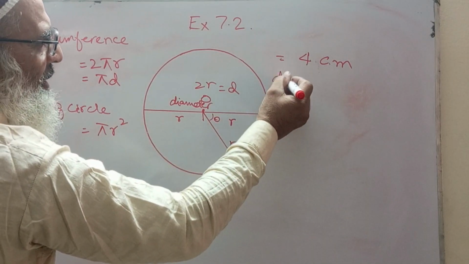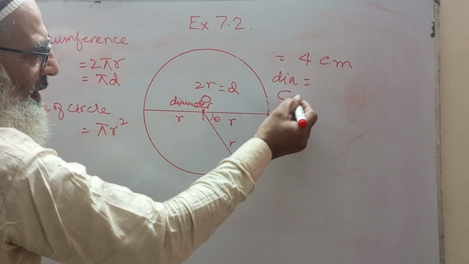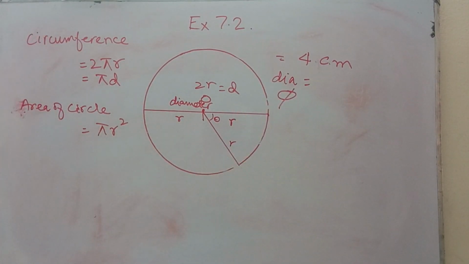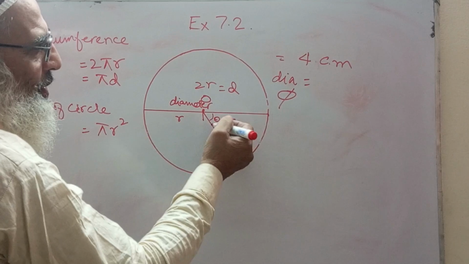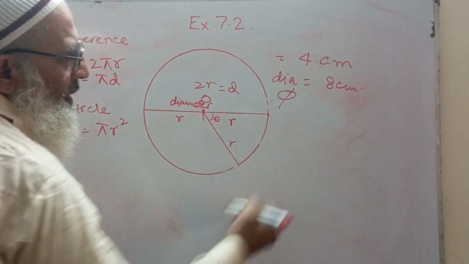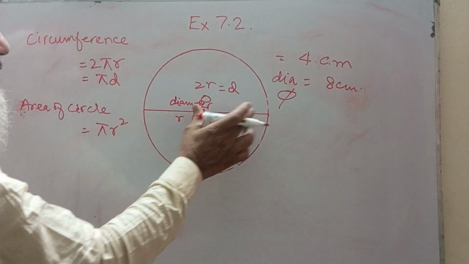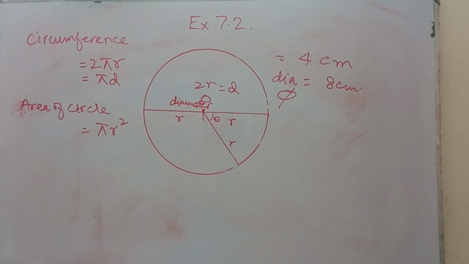The diameter is written in short as dia, and it is also shown with this phi sign. You see the one line crossing the circle, so it is also called dia. So it is 4 plus 4, 8 centimeter. If r is 4 centimeter, then the diameter will be 8 centimeter.